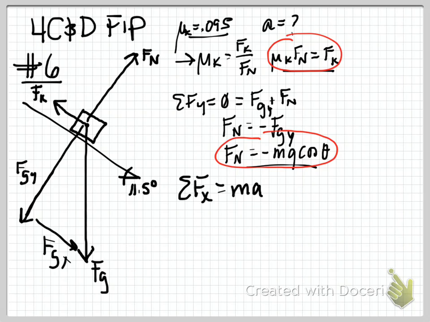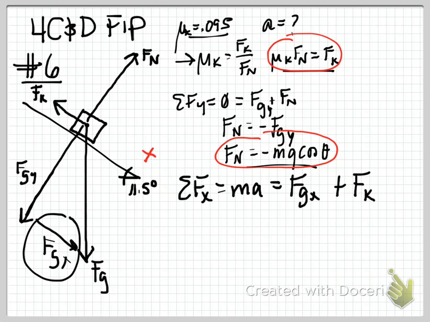So we know that whatever the sum of forces on the x is, the net force on the x, is going to be equal to mass times acceleration. And it's also going to be equal to this force of gravity x, f of gx, plus the force of kinetic friction. Now I'm going to do something that's, I won't say revolutionary or controversial, but because on a standard Cartesian coordinate system, this would be the positive direction and that would be the negative direction, I'm going to go ahead and assign this f of gx a positive.